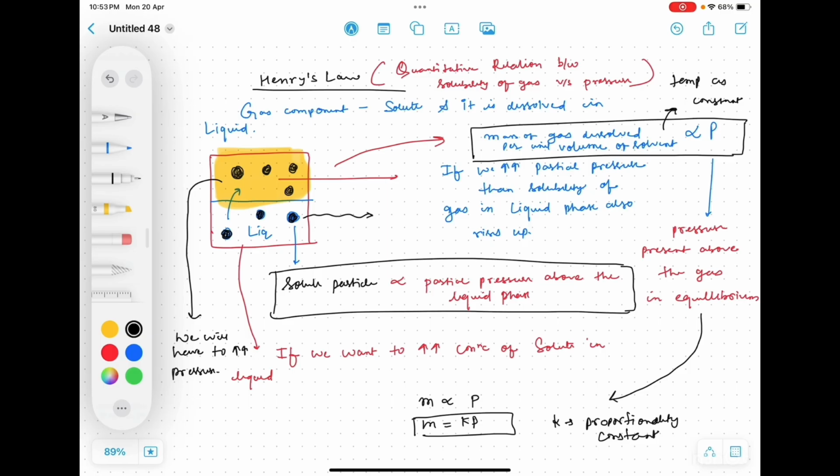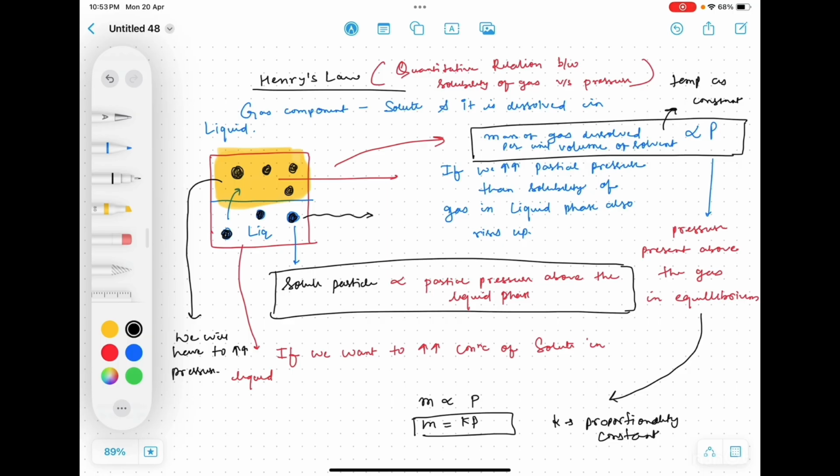This Henry's law can also be defined by another definition which I am reading here. It states that the mass of gas will be represented by the term solubility.